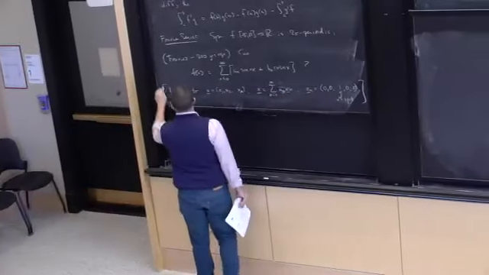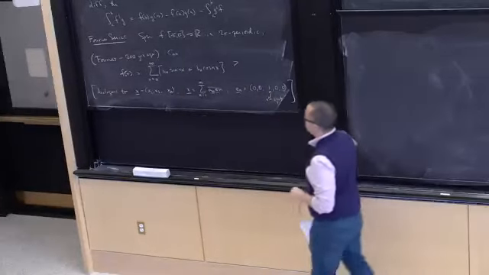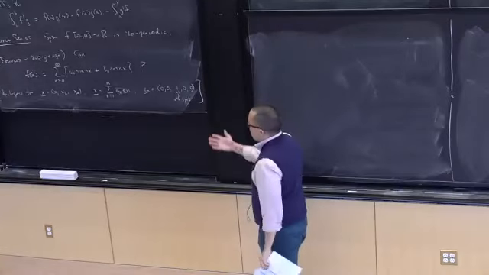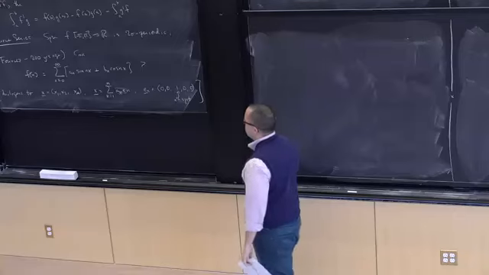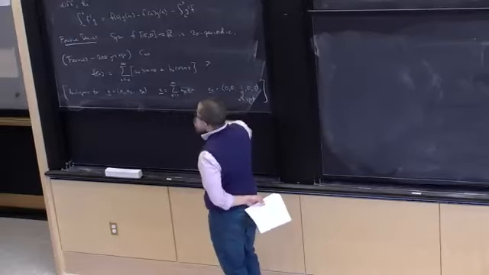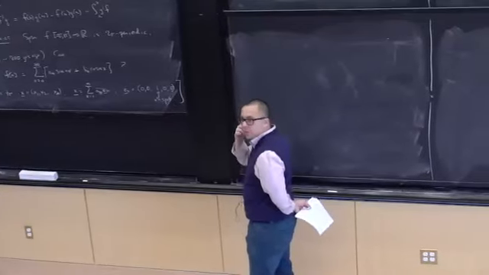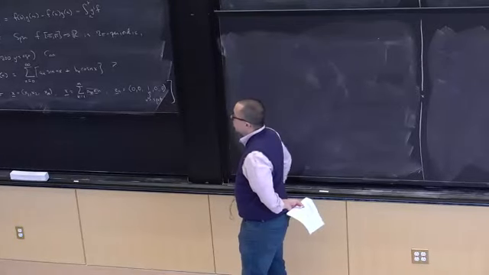So you can think of this expansion in terms of sines and cosines as being analogous to expanding a vector in terms of basis elements. Or you can think of it as a different way to expand a function, other than Taylor series or power series, okay?